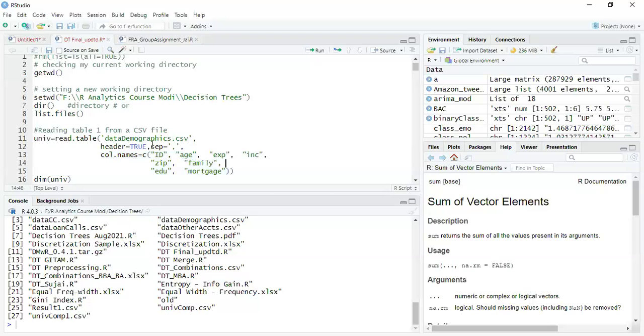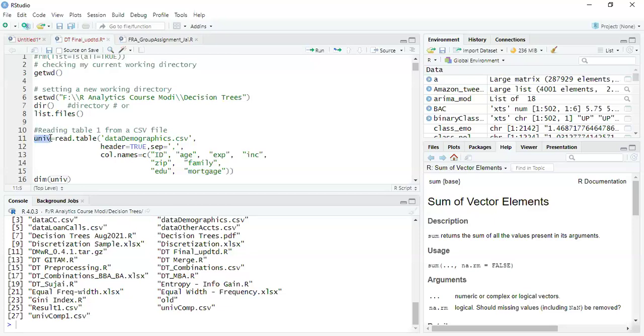The number of rows is immaterial. Mainly, we are concerned with columns. The first column is ID, second is age, third is experience, fourth is income, fifth is zip code. Zip code is like your PIN code. Then family size, education, mortgage. Mortgage means whether that individual has some other existing loan.